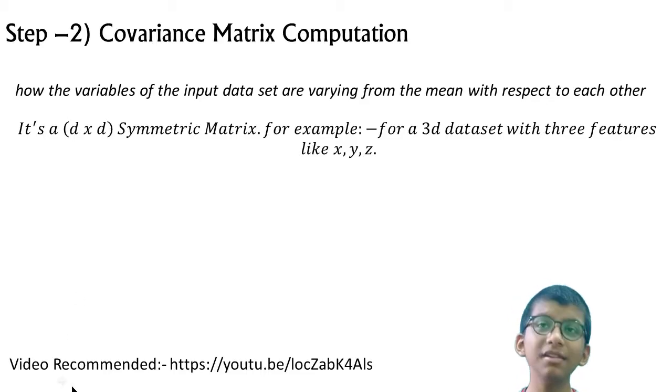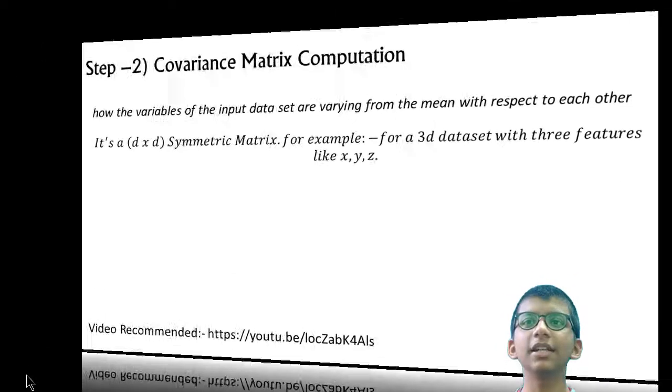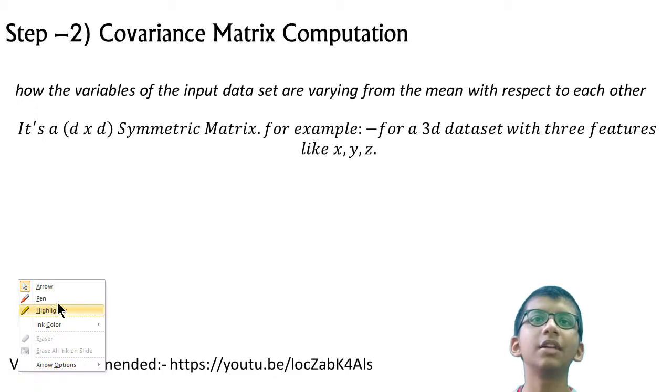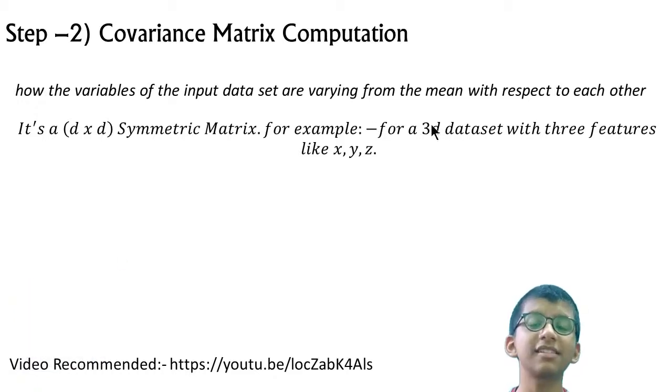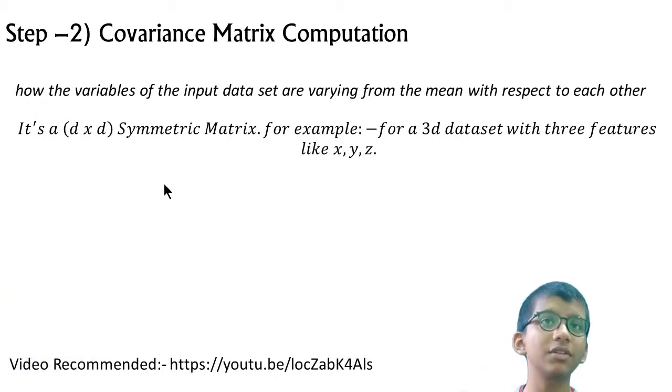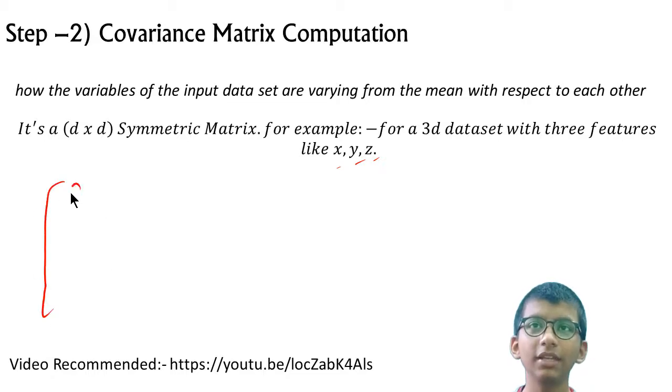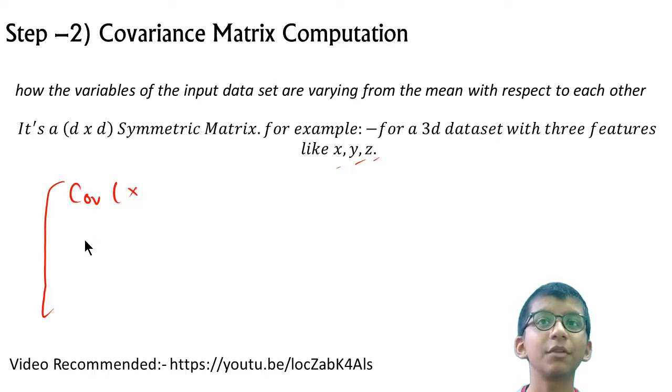For example, we have a 3D data set with the 3 features x, y, and z. Let's make a matrix here: covariance of x comma x, because x is a dimension and the same input data.